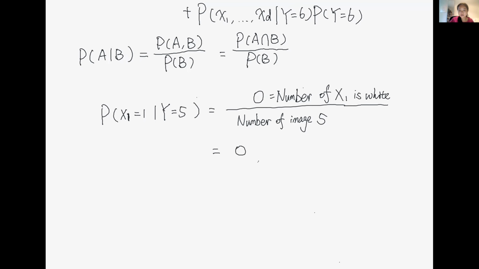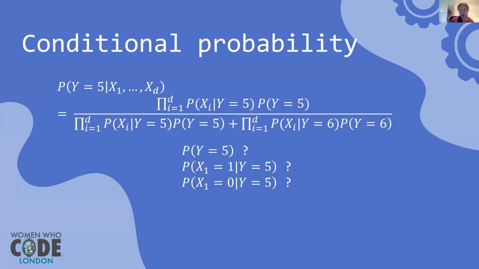All right. Let's jump back. So what is the probability of the first pixel being 0, which is black, on the condition that this image is 5? Because there are only 2 things, the pixel can only be 1 or 0, it will be 1 minus the previous one.